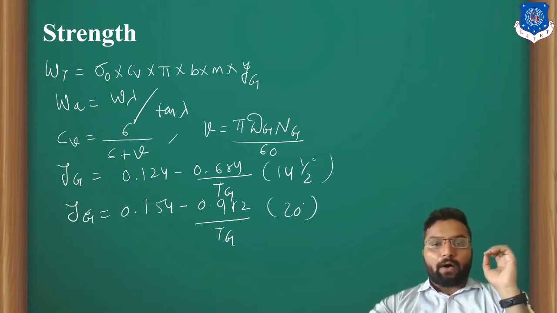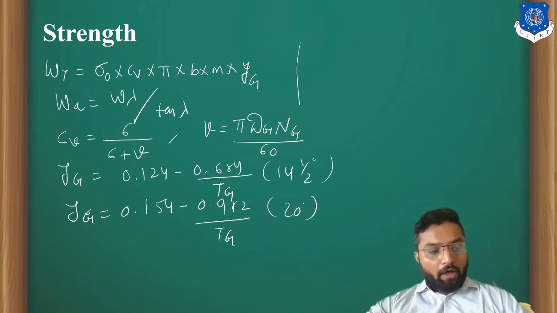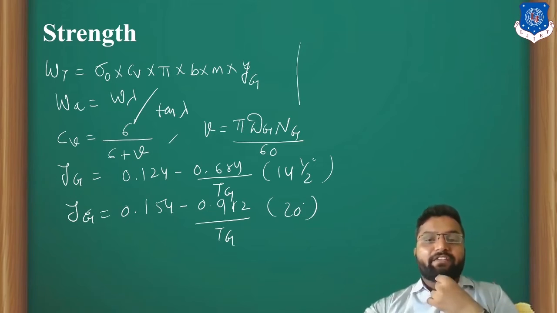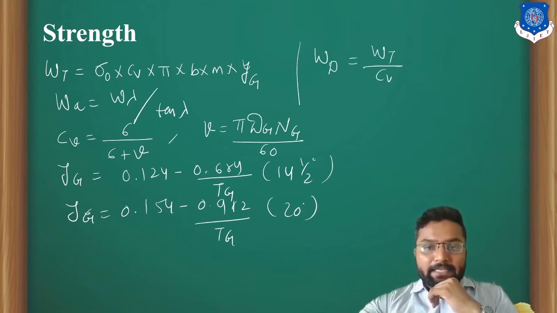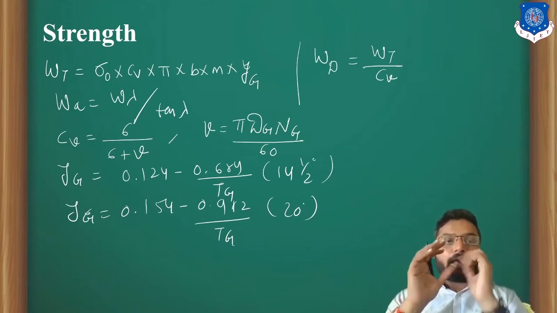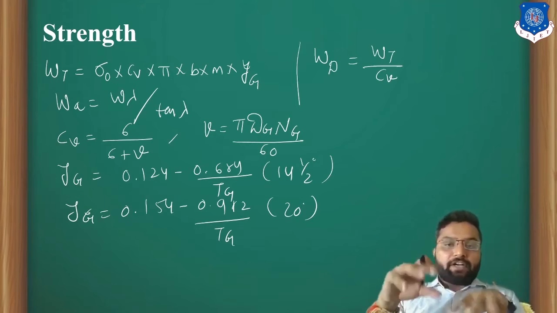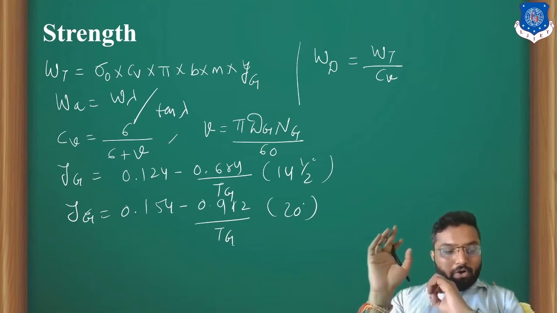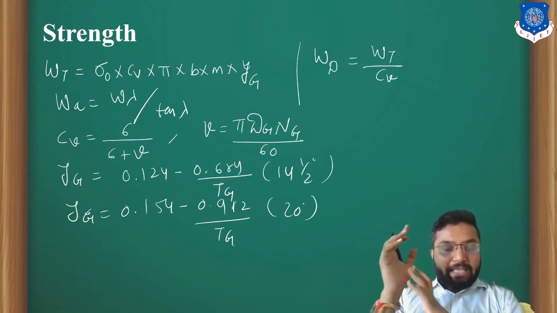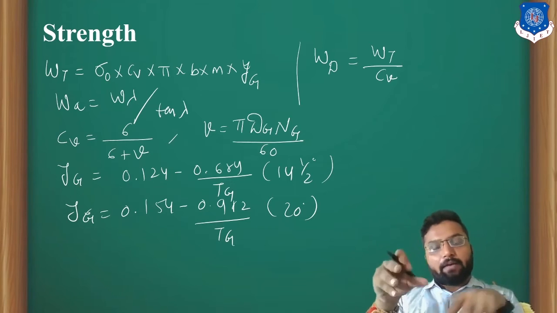Now let's discuss Wd, which is the dynamic load. So Wd will be Wt by Cv. In the case of our worm and worm wheel, Wd will be Wt by Cv. Clear? Okay. So the actual tangential load is Wt and Wd is the dynamic load.